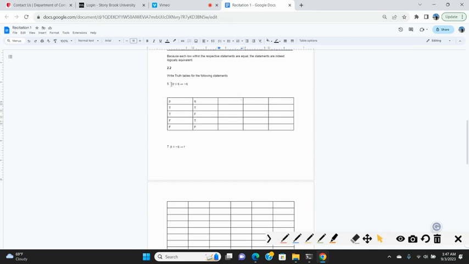Usually you would do negation P with its own row, but again, one variable, so I'm going to skip a step because I'm slightly lazy. So negation of P or Q, the truth values here would be T, F, T, T, I believe.